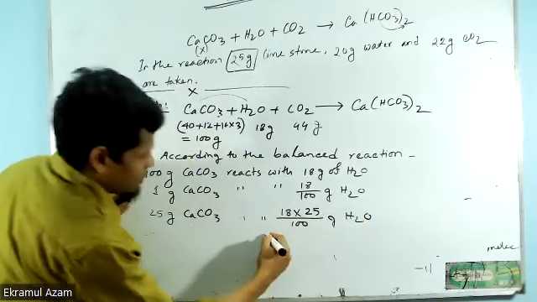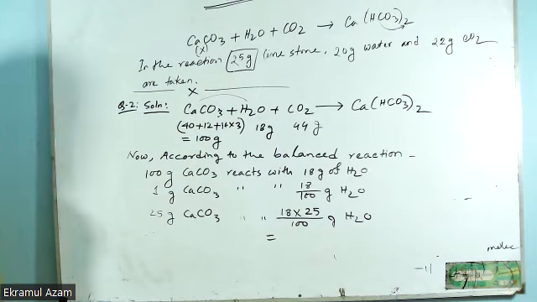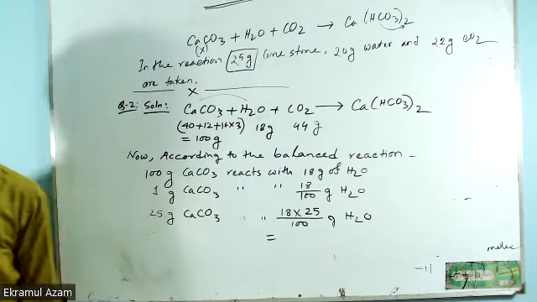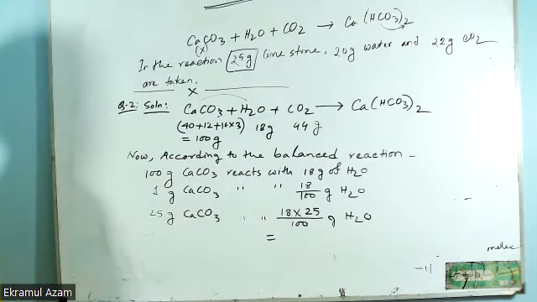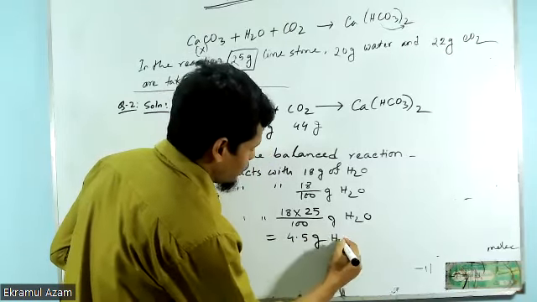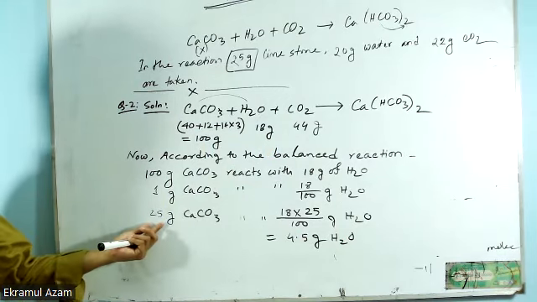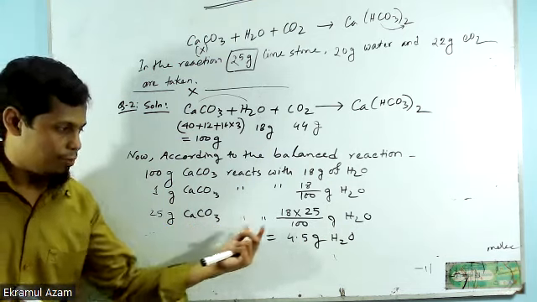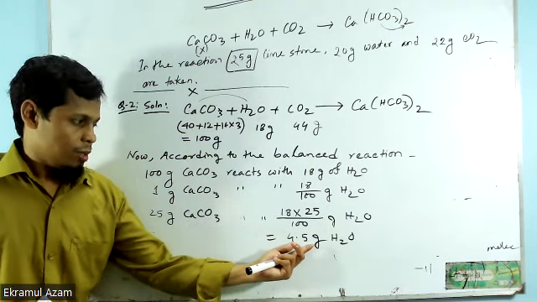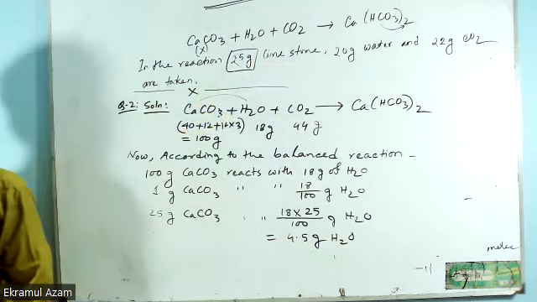So determine the answer. What's the answer here? Sir, 4.5. 4.5 gram. We need 4.5 gram water. Remember, if you use 25 gram calcium carbonate, you must take 4.5 gram water, but the given value here is 20 gram water, so much.